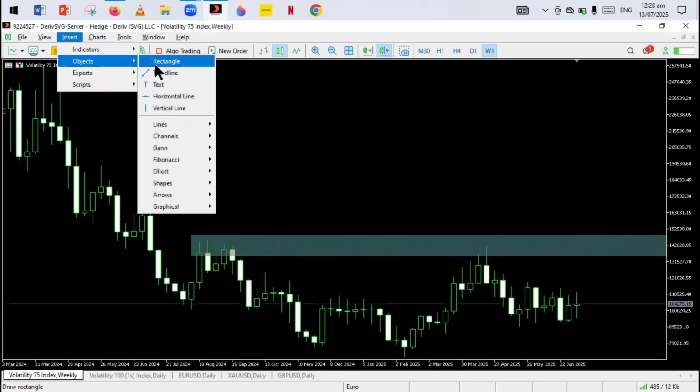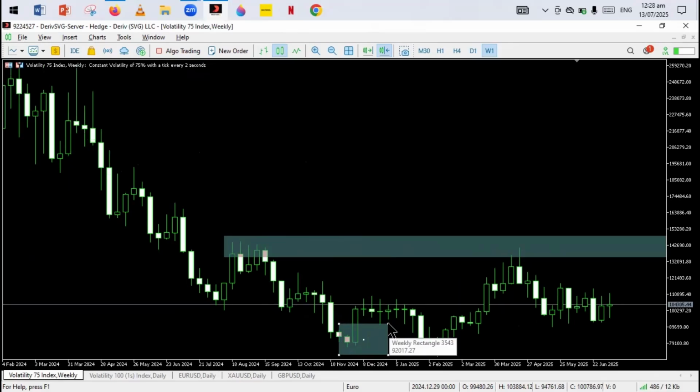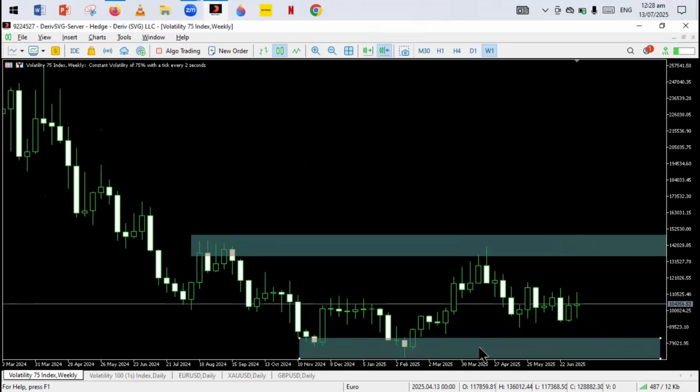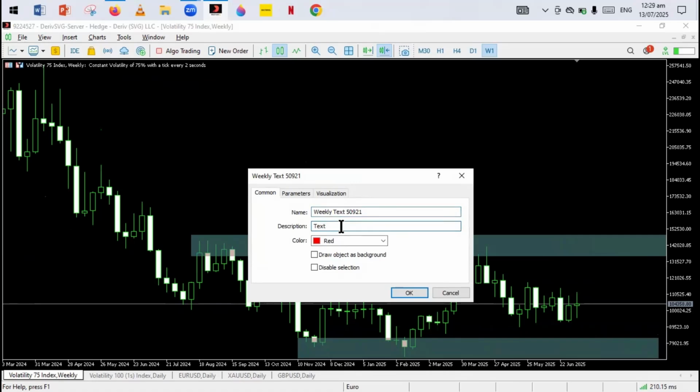VIX is currently trending down because we are breaking structures to the downside, forming lower lows and lower highs. So that is our supply zone.